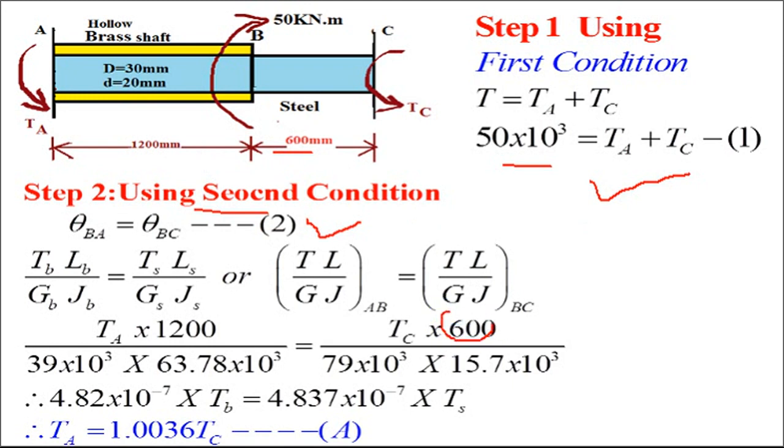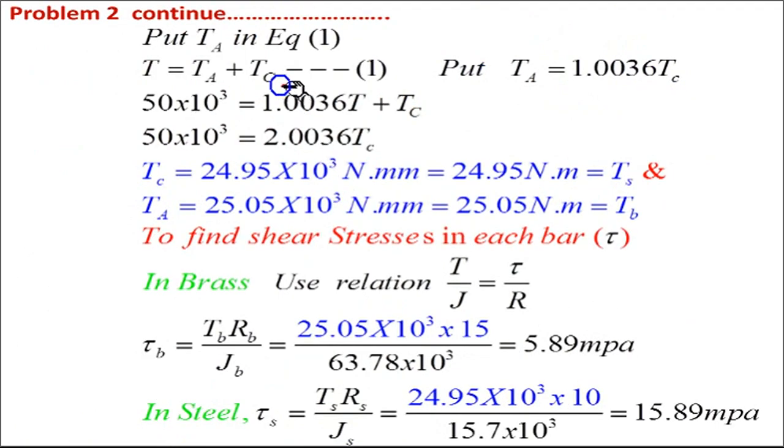By solving this we will get the relation TA is equal to 1.0036 TC. Put this particular value in place of TA, and you will get some relation. I have kept that value here.